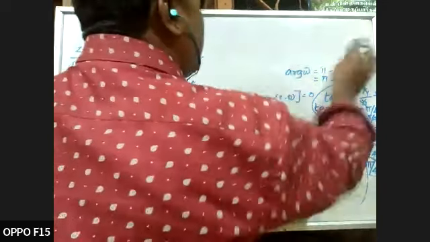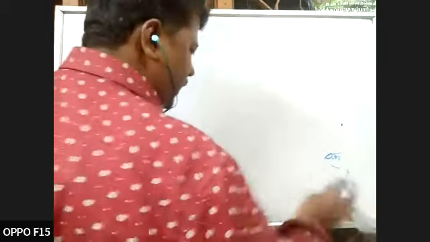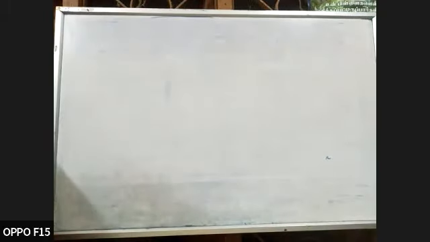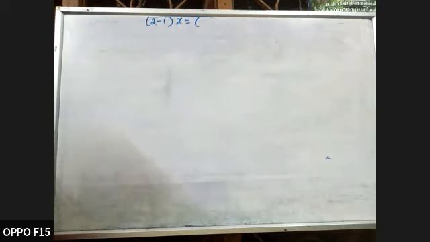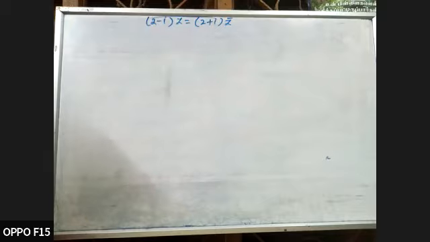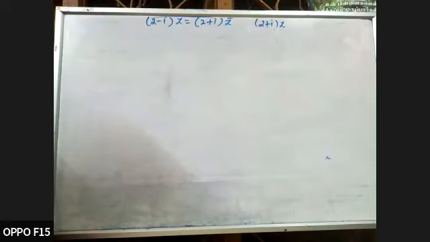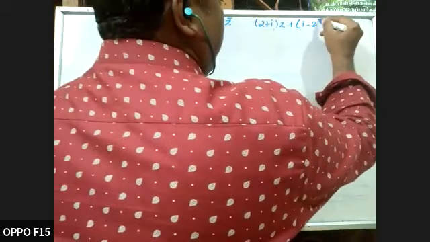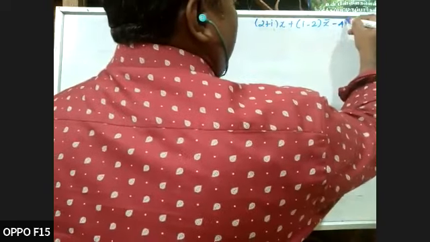Let the line 2 minus i into z equal 2 plus i into z conjugate, and 2 plus i into z plus i minus 2 into z conjugate minus 4i equals 0.